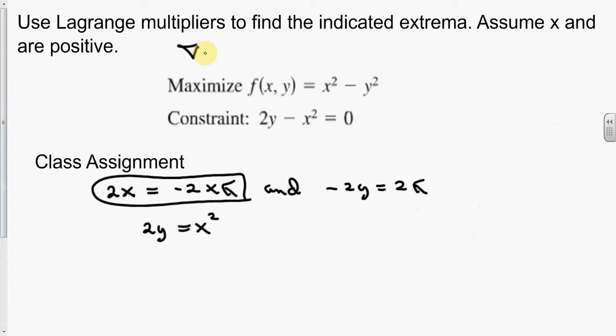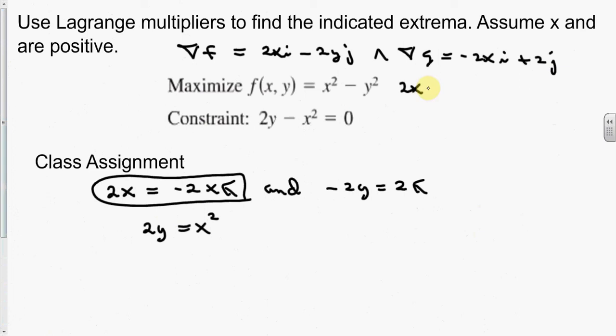You look at the gradient of f, which is 2xi minus 2yj, and the gradient of g, which is negative 2xi plus 2j. And then you set those partials equal times a lambda on the g, right? So it's 2x is equal to negative 2x times lambda, and then negative 2y is equal to 2 times lambda.